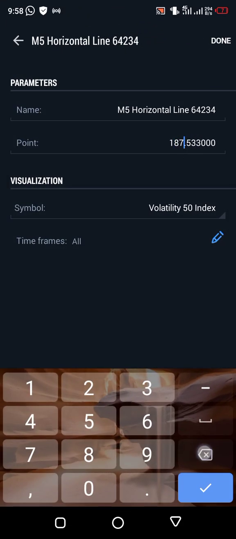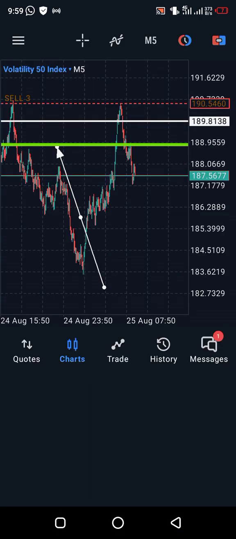SL is 189.81, 838. So that's it for my SL.